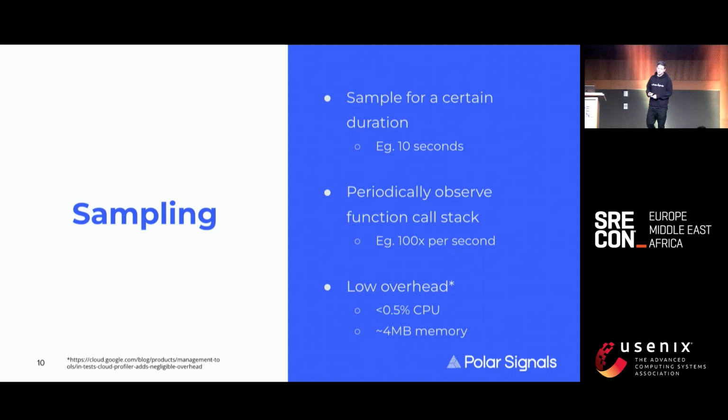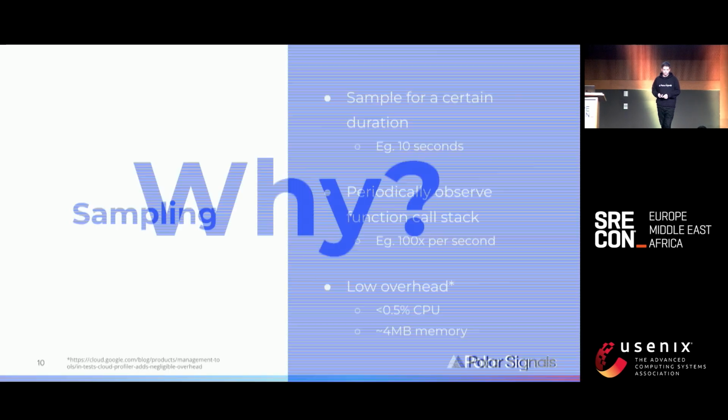Usually you look at the program for 10 seconds, and it samples, for example, 100 times per second, I think is what the Go runtime does. After those 10 seconds, you have 100 samples times 10 seconds, so 1,000 samples, and you can do that with very little overhead. The CPU and memory consumption is a lot nicer, and that's why we prefer sampled profiling.